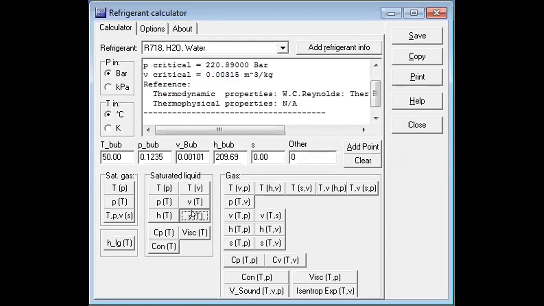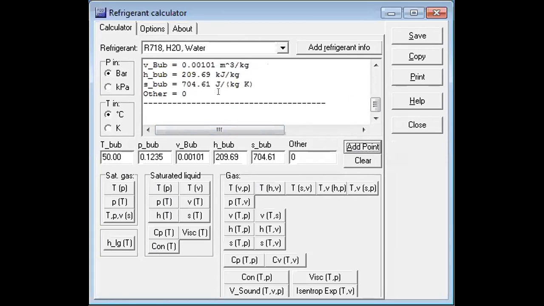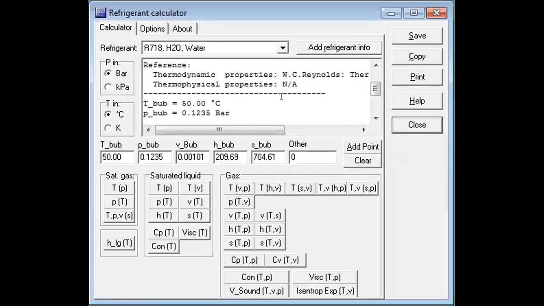S of T. So this is the liquid side. At this temperature, the saturated liquid properties are here. You get all the data. Very interesting. And later you can copy, you can print. That is the easiest way to get the data.